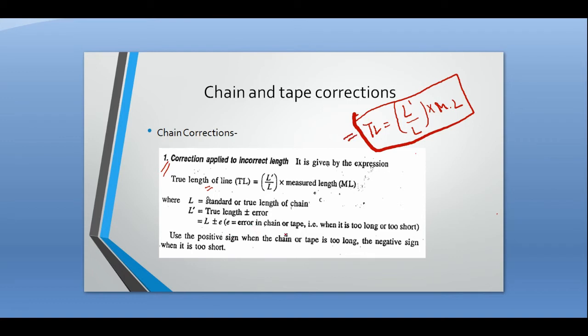And the error in the chain or tape is represented by E. Remember how to get the value of L dash.